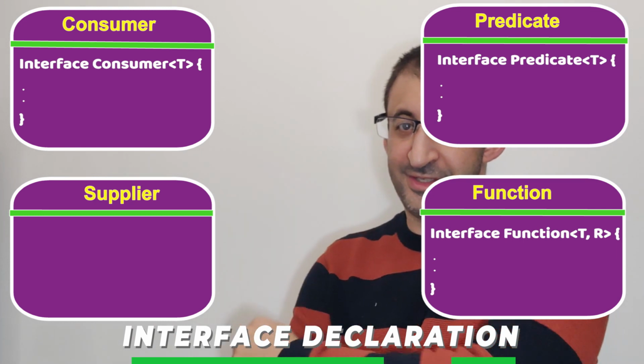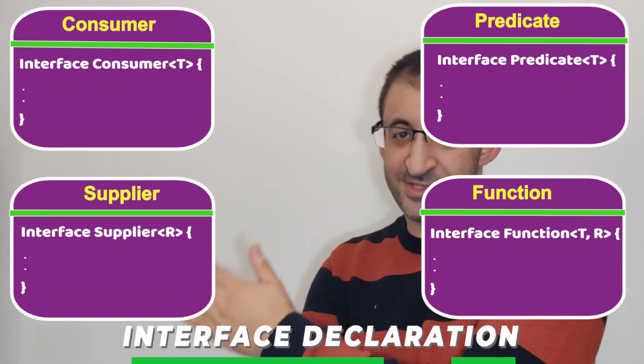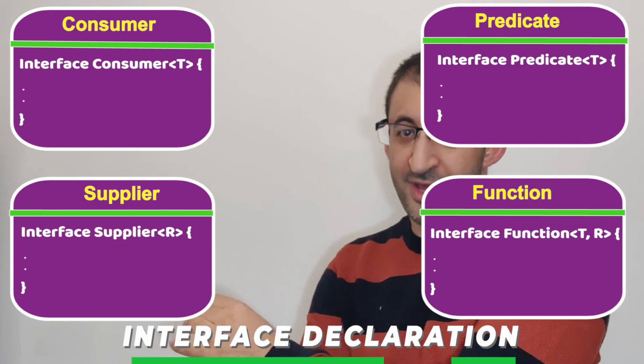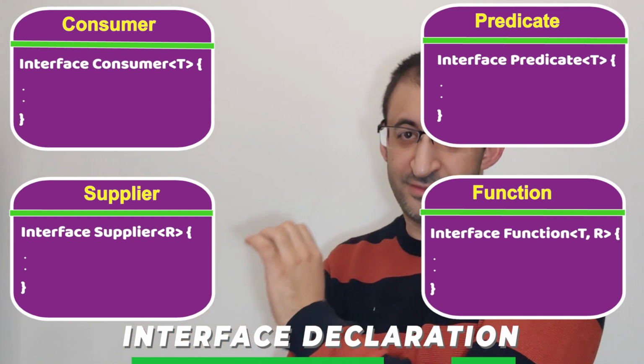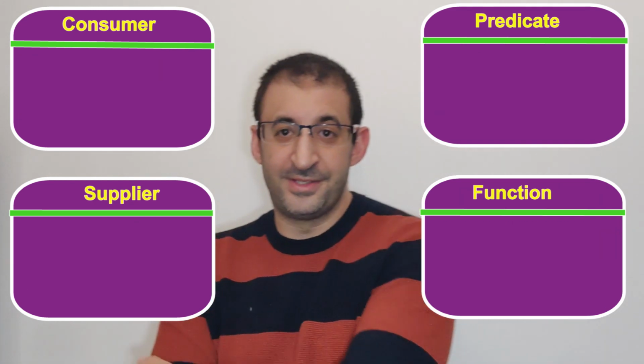The Supplier is like this: interface Supplier with R return type.